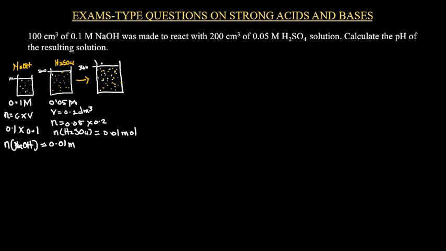So what is the equation relating the combination in this beaker? We have H2SO4 combining with 2 moles of sodium hydroxide, and it's going to give us the salt sodium sulfate plus water.